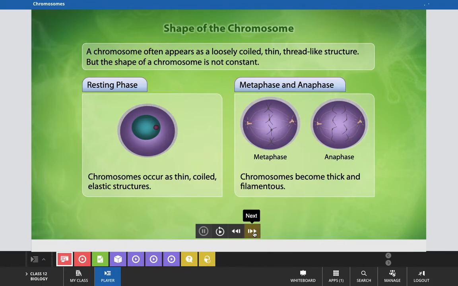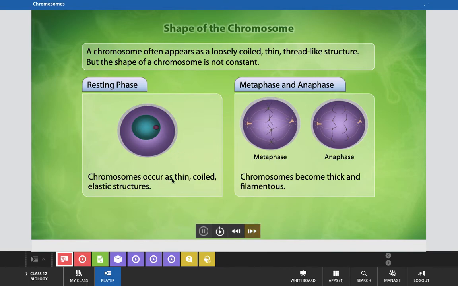Now have a look at the shape of the chromosome. A chromosome often appears as a loosely coiled, thin thread-like structure, but the shape of a chromosome is not constant. It keeps changing. When a cell is maturing, it starts to condense, and at the time of cell division, when one cell divides into two, it is converted into chromosomes in a more condensed form.